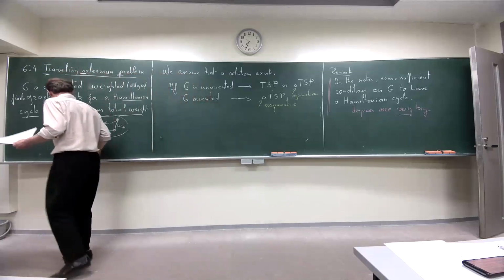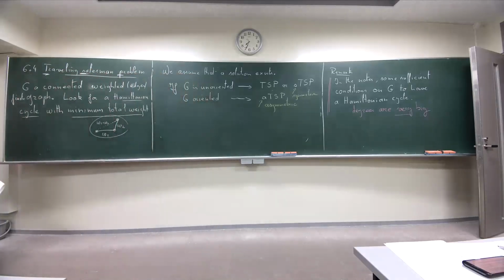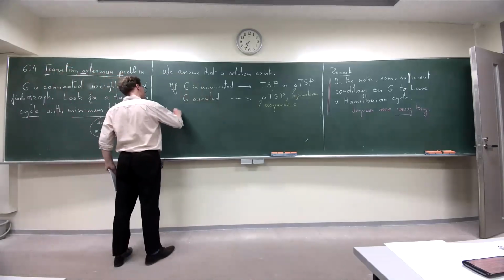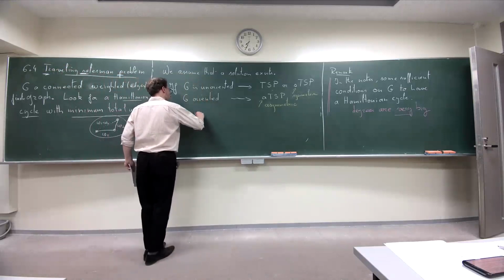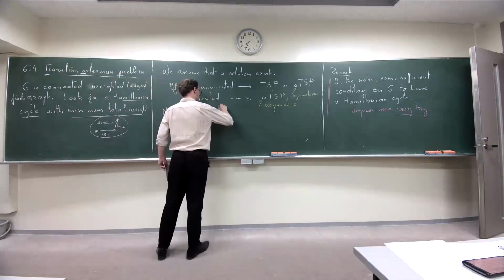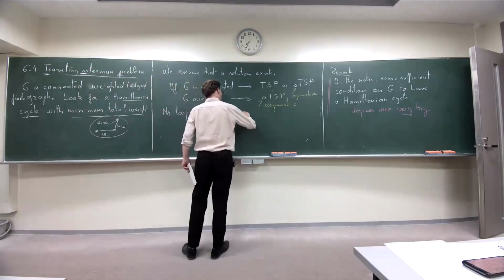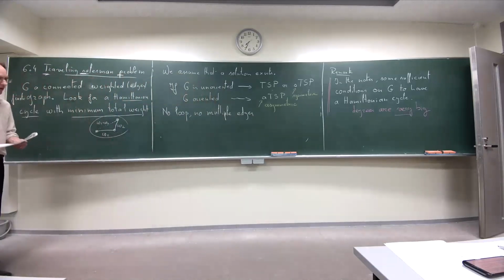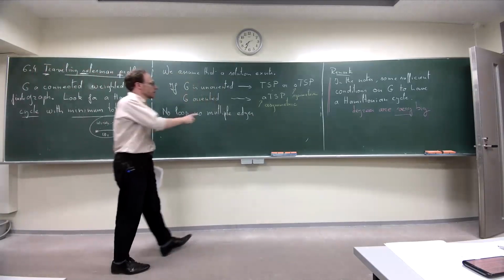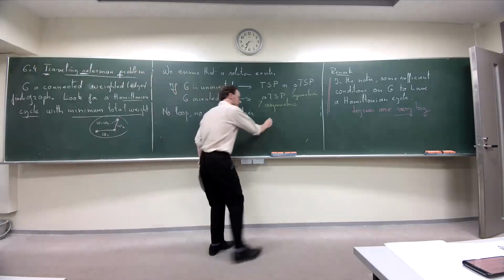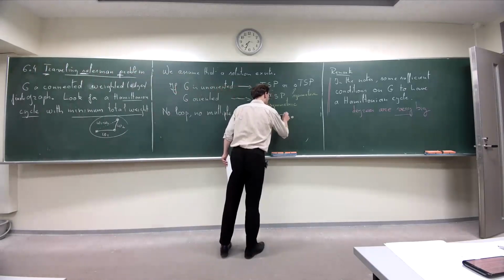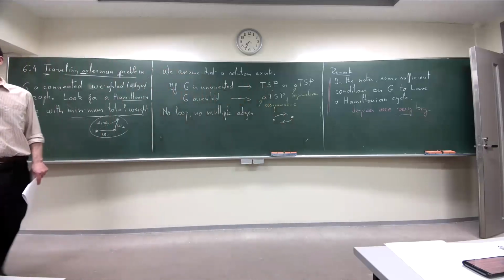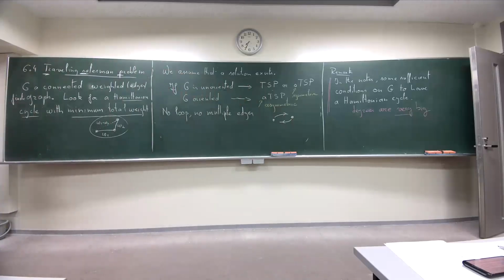Okay, so as I mentioned, these are hard problems, and I will say more. Again, no loops, no multiple edges, because they don't play any role. It simplifies our life. But be careful, no multiple edges. In the case of oriented graphs, this is not a multiple edge, because the two directions are different.